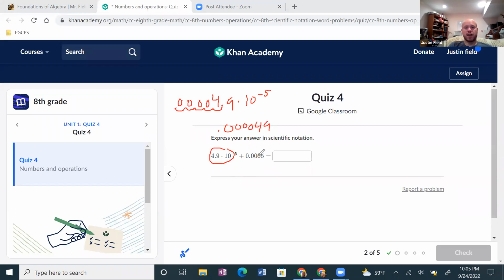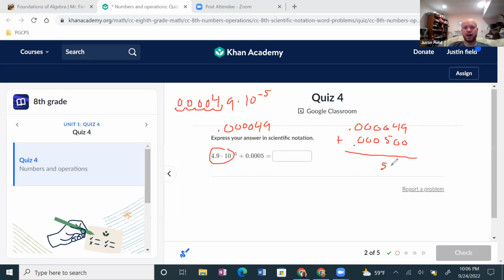And so if we add, you could do one of two things. We can now add our standard forms together, or we could convert this into scientific notation. But since I've already written the number, might as well just use that. And then we're going to add 1, 2, 3 zeros. Oh, so easy.